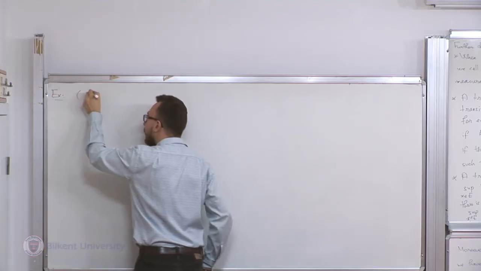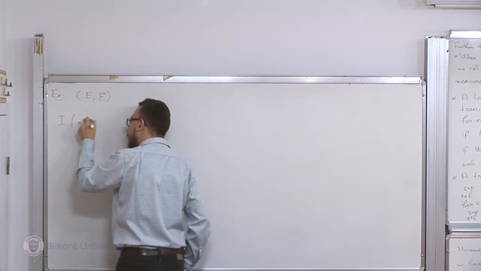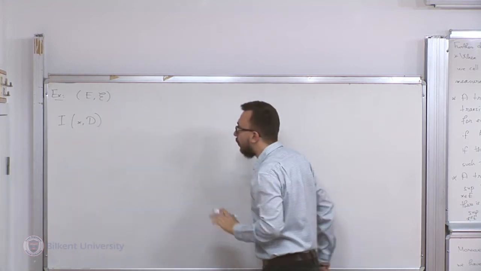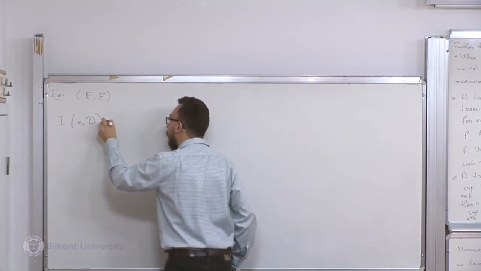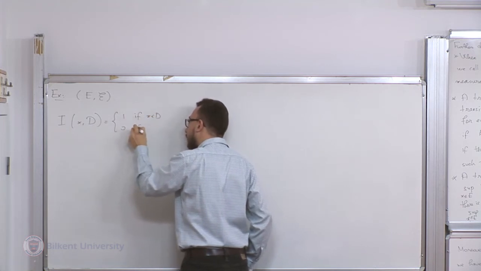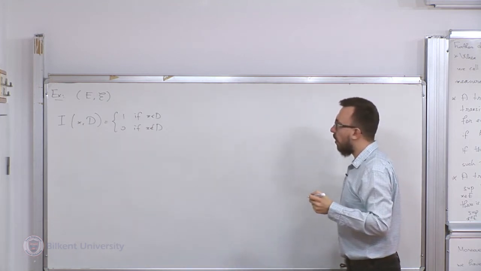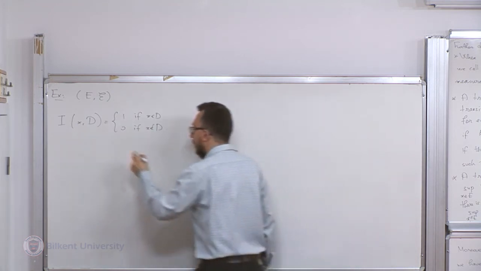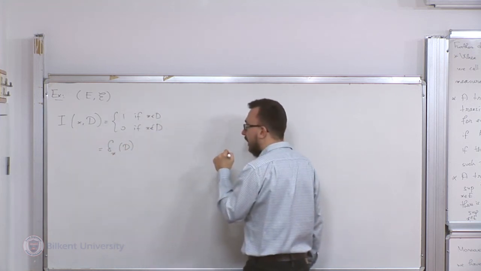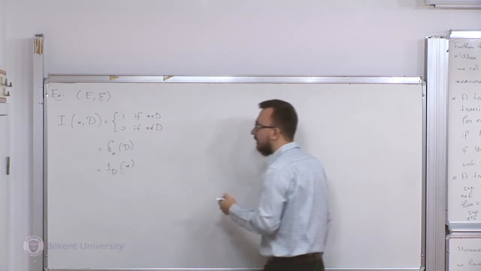Let's say we have just E, script E. And define I(x, D). Now I'm going to write D here because we have just one space. So this is 1 if x is in D, and 0 otherwise. So what is that? It is the Dirac measure at x, the value at D, or the indicator function of D at x.